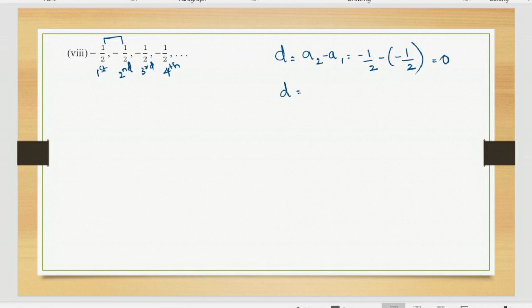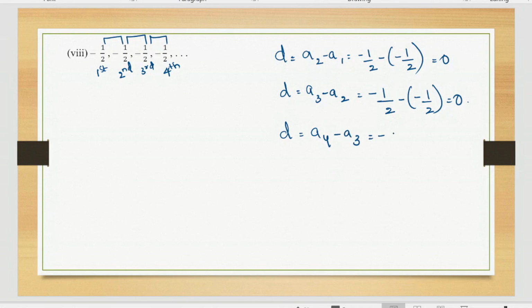Okay. So the next, the common difference between the second term and the third term, which is A3 minus A2. So A3 is minus 1 by 2 minus A2 which is minus 1 by 2, which is also 0. Okay. So the next common difference between the last two terms, that is A4 minus A3, which is also 0.